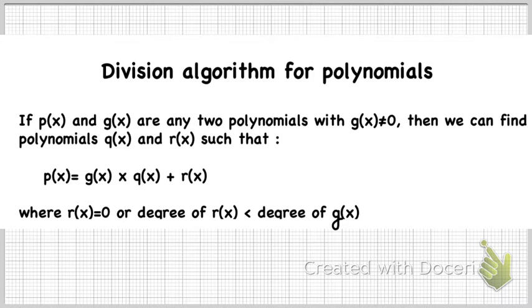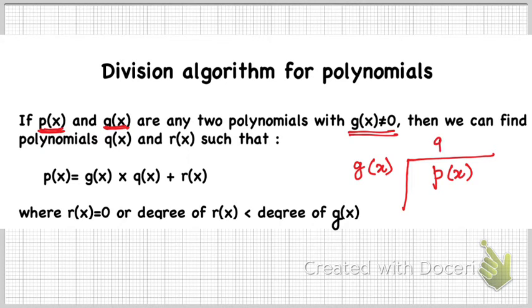What this algorithm states is, whenever you divide any polynomial, which we denote by p(x), by g(x), where the divisor is g(x) and the dividend is p(x), and g(x) is not equal to 0, then you will definitely get some quotient that will also be a polynomial, q(x), and some remainder that will be r(x).